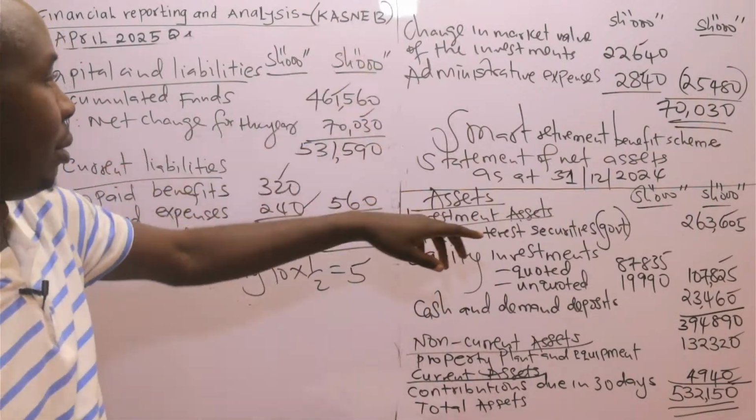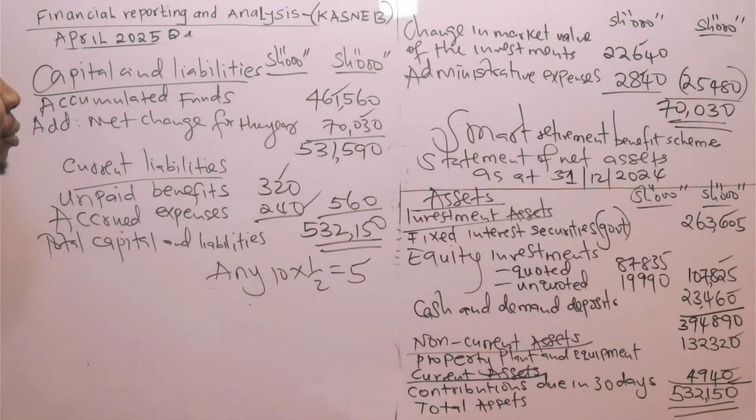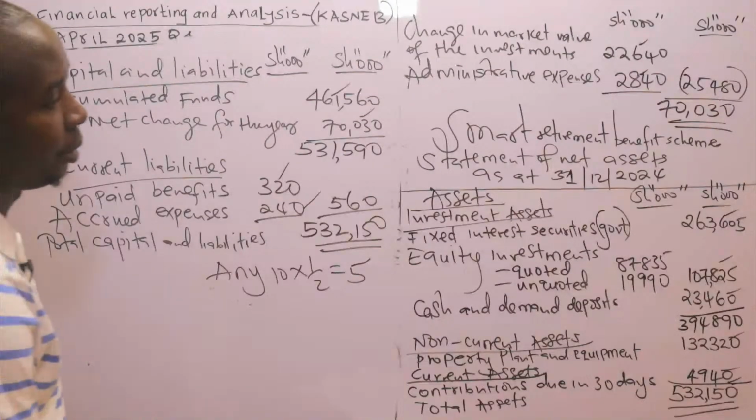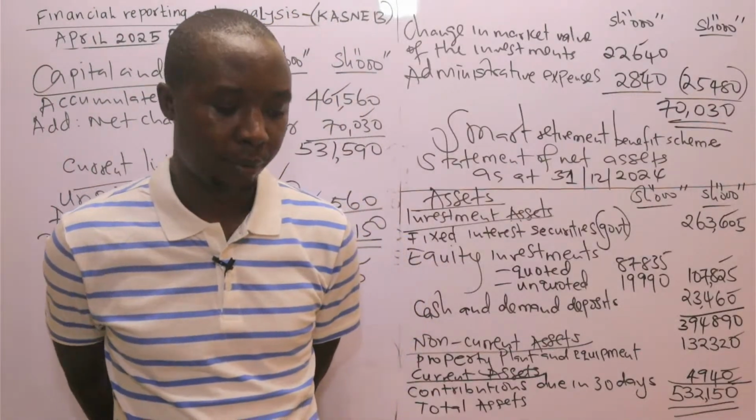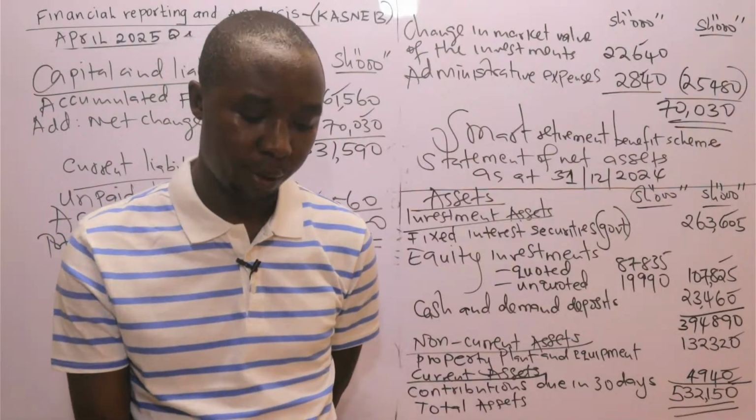Out of the 10, they multiply by half. You get your 10. Anyway, the main thing was all about understanding how these statements are prepared.